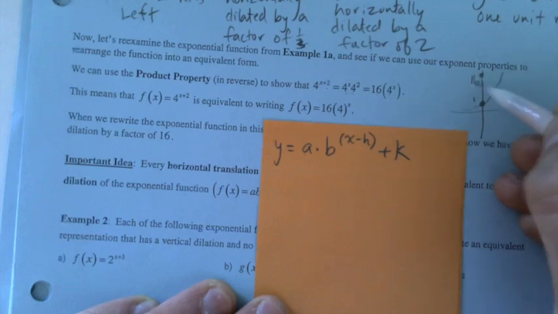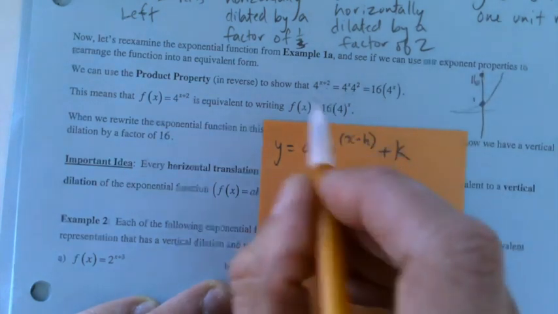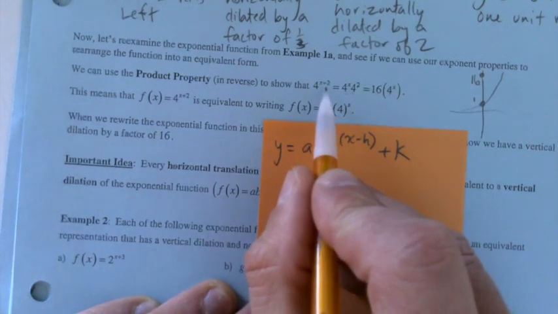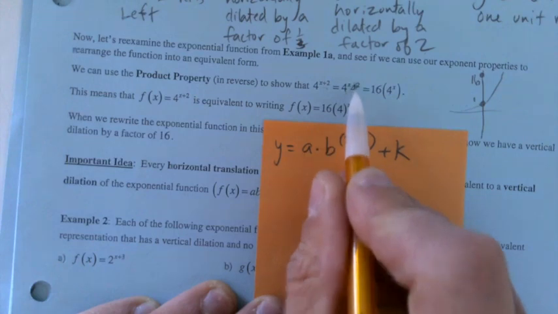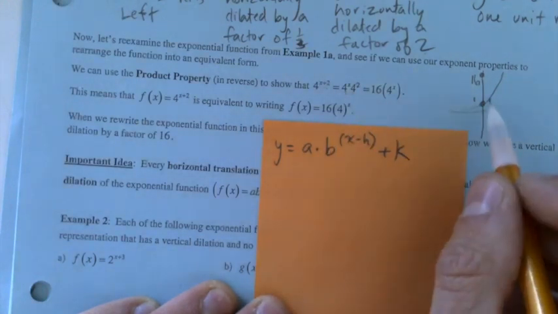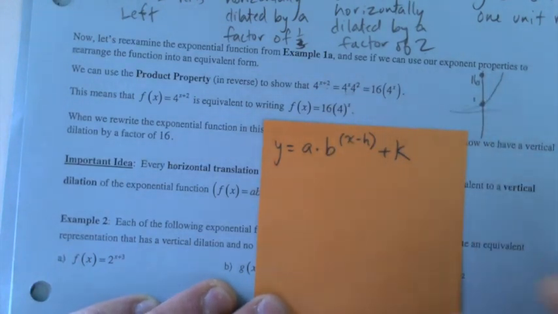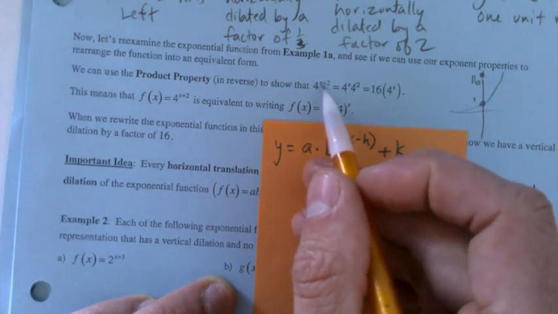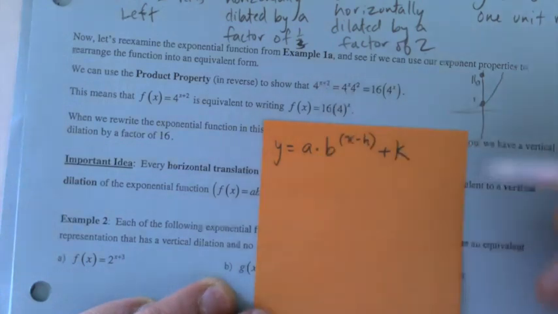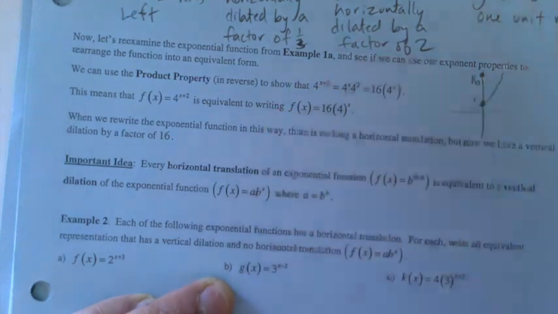It's now 16 because this moved, in this case, 2 spaces left. So that gave 4 squared the chance to catch up here to 16. So you'll notice that when you have a transformation here, it's also affecting this y-intercept.